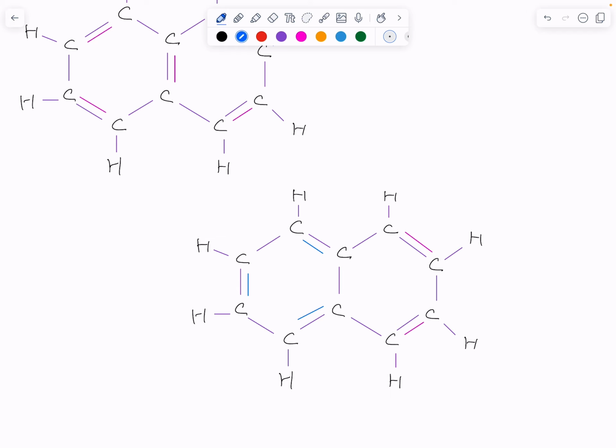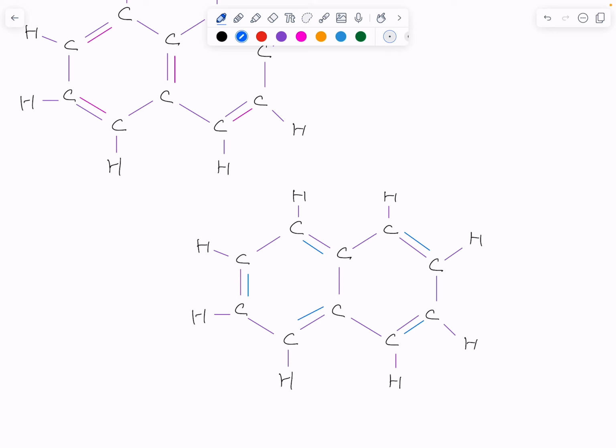And then what happens, delete that, and then I need to put a double bond there, and a double bond here. I guess they were there. That's another one. There's one more Lewis resonance structure, but there you go. There's another one. So you could do another one if you want.